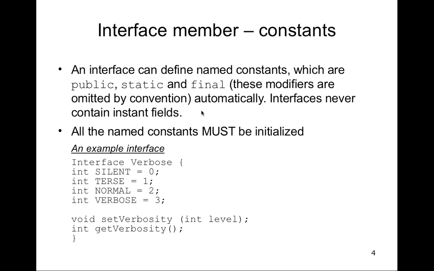But you can make an instance of a class that implements an interface. If you make an instance of a class that implements an interface, it can include a named constant, such as one of these down here, silent, terse, normal. It's never going to set the value. So it's always final. It's always static because it's at the interface level, which is sort of the class level. It's not an instance variable.